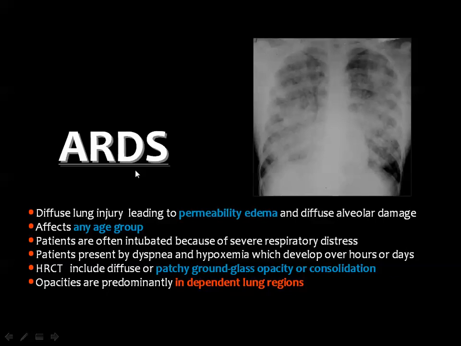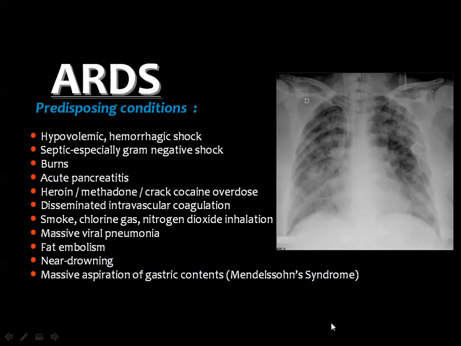This acute respiratory distress syndrome can affect any age group, and the patient presents with severe respiratory distress. The chest radiograph will show patchy ground glass opacities or even areas of consolidation, and the distribution is usually in the dependent lung regions.